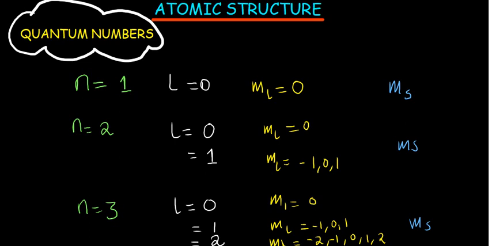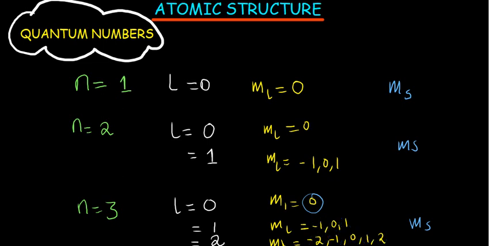In the first energy level, you only have one orbital. In the second energy level, you have one, two, three, four orbitals. In the third energy level, we've got one, two, three, four, five, six, seven, eight, nine. So you've got nine orbitals in the third energy level.